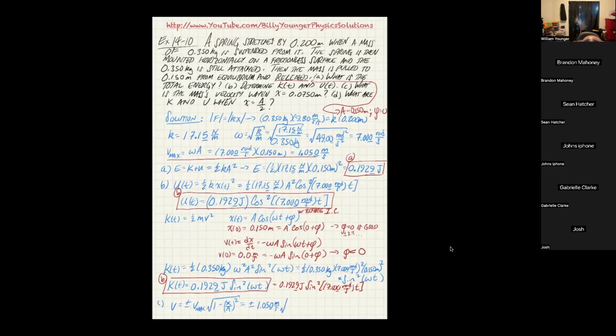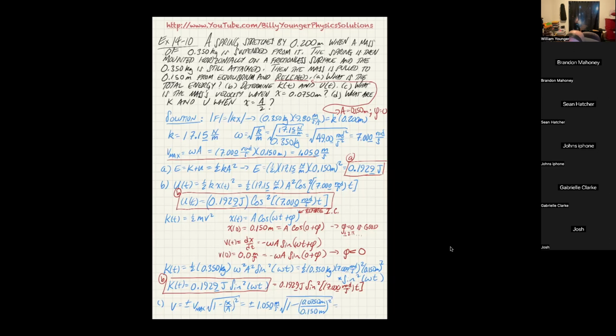times the square root of 1 minus, now in this case, we're saying x, which is 0.0750, over the actual amplitude, which we decided was 0.150 meters, and then that entire quantity has to be squared.